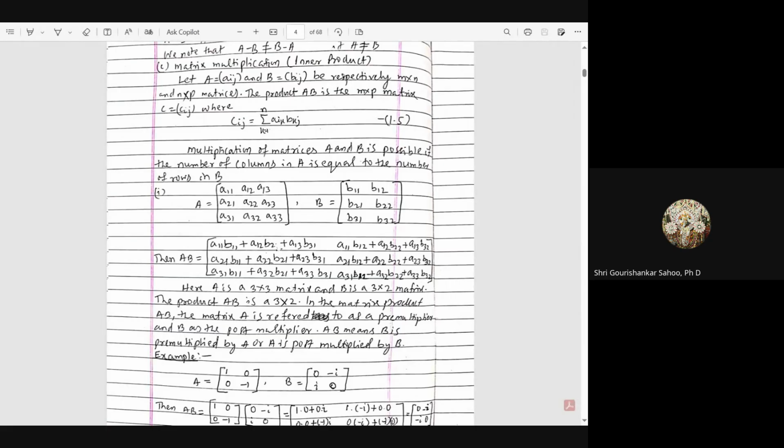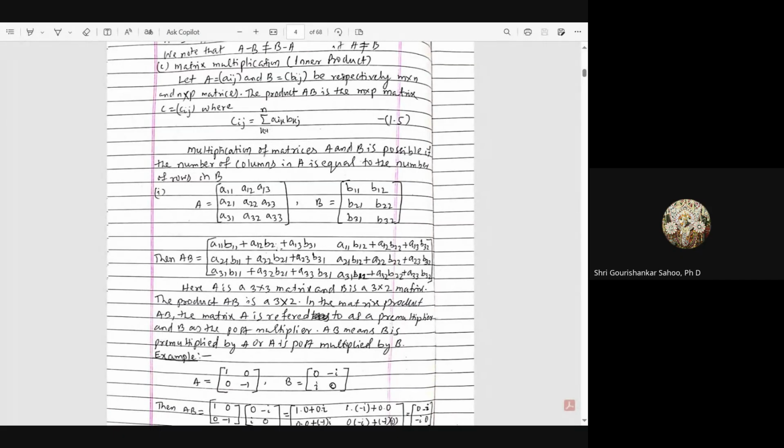Your A11, the first element of the first row, will be multiplied with B11, then A12 will be multiplied with the first column element B21, and A13, the last element in the first row, will be multiplied with the last element in the first column, B31. Similarly, for the second element you take the first row and second column.